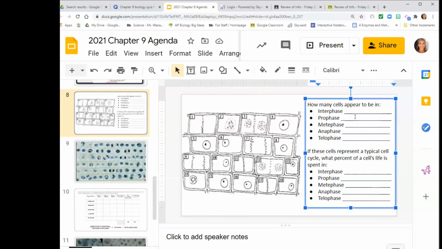During metaphase, chromosomes are lined up at the equator, a single line. Write that number. Anaphase, I see chromosomes being pulled apart. Telophase, I see two nuclei forming.